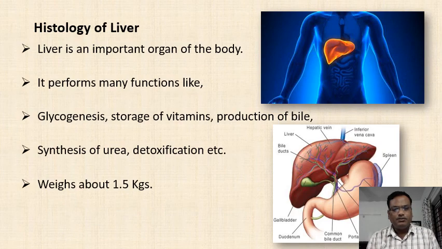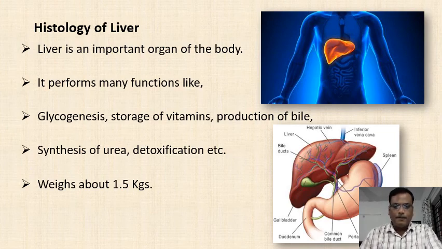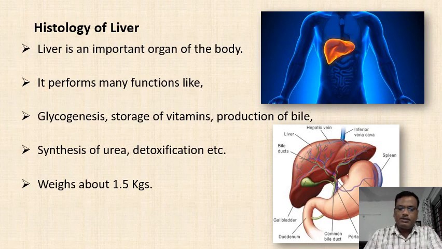Our body consists of different kinds of organs, and every organ has its own specific function, and functioning of all the organs is important. And when it comes to the liver, we consider liver as one of the most important organs, because it is associated with functioning of different kinds of organ systems like the digestive system and the process of digestion.